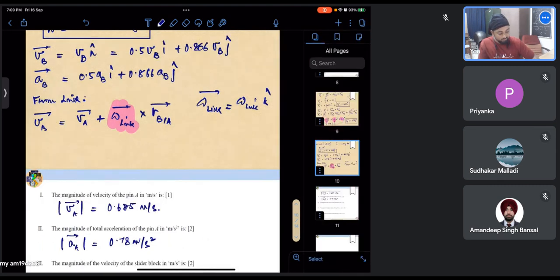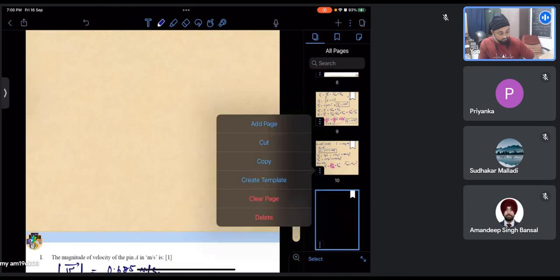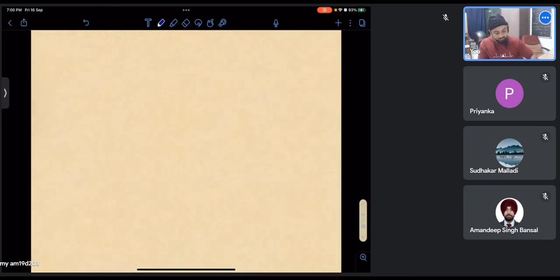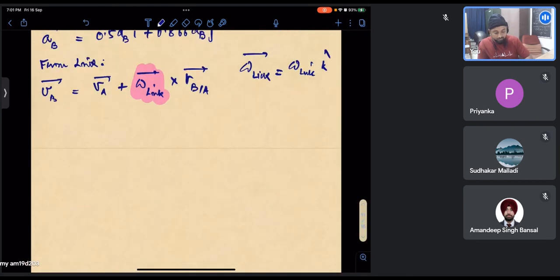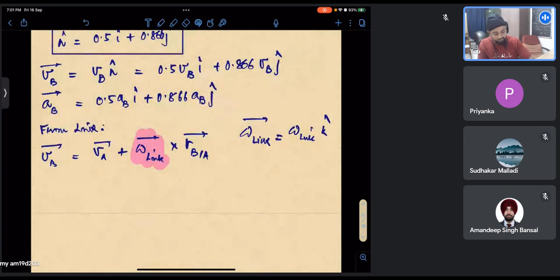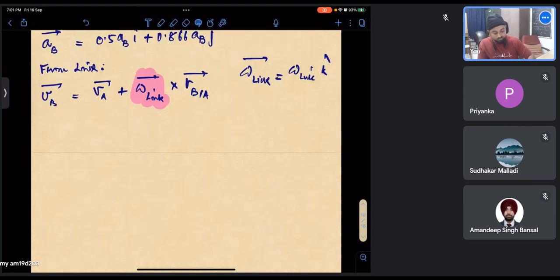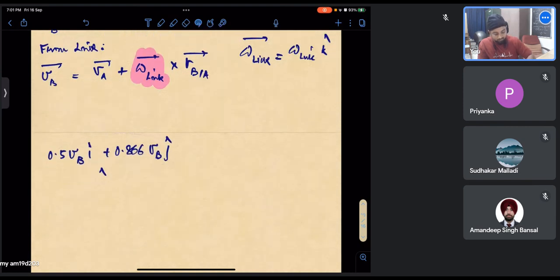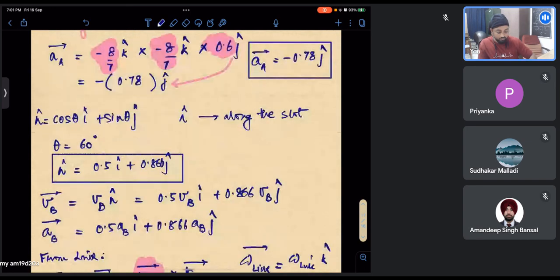Okay, so let me just add a couple of pages here. So velocity of B, we know this is the quantity here. It's nothing but velocity of A. Do we know velocity of A?